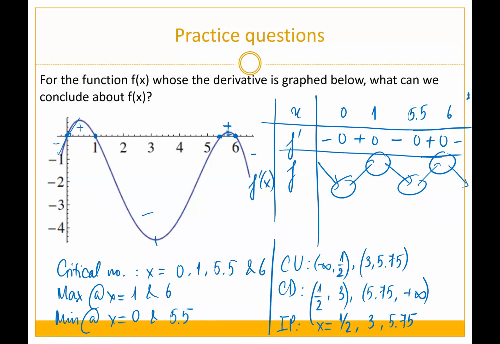Again, if you have any questions about this, I would highly recommend reviewing section 3.5 or 3.3. This is a very important one, to understand the graph and be able to draw conclusions about the properties of the function from the graph of its derivative, or the graph of itself, or even the graph of the second derivative.